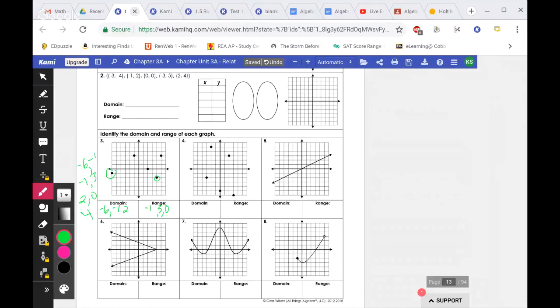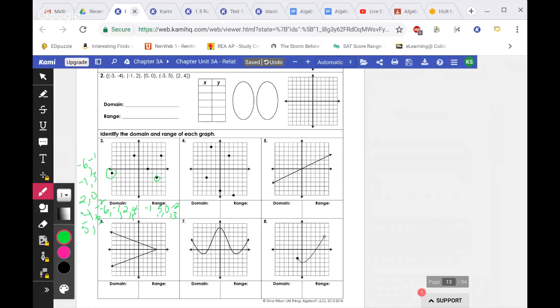So 4 and negative 2, I believe. And then the last point is 1, 2, 3, 4, 5, and a positive 3. So that's the domain. It's a very definite, defined domain. Does that make sense? Yes.